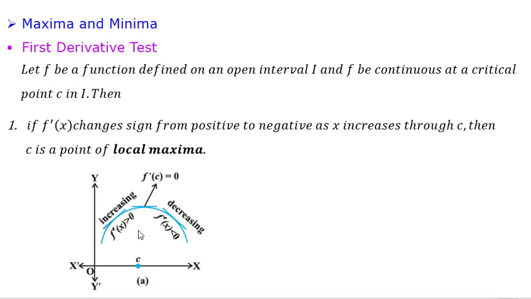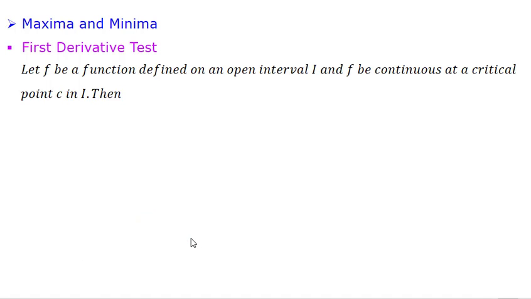So if the value of the derivative at point C is 0, and it changes its sign as it moves through C from positive to negative, then it is said to have a local maxima. Here you can see that f dash x is greater than 0 and here it is less than 0, it is changing sign from positive to negative, therefore at point C we have local maxima. From the graph it is easy to understand how we are getting local maxima.